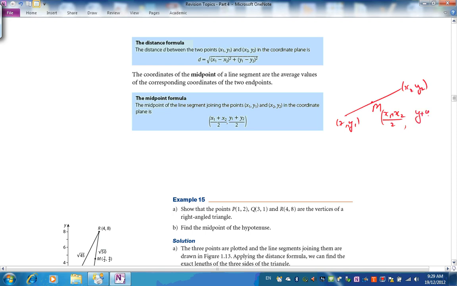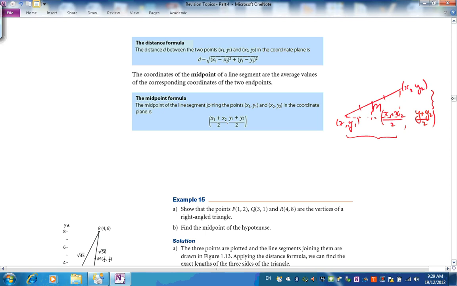We could actually prove this, won't do it now, but you can think of this in terms of similar triangles and actually show that on an oblique line, for the midpoint to be in the middle, it's halfway in x land and halfway in y land. x1 plus x2 on 2, y1 plus y2 on 2.